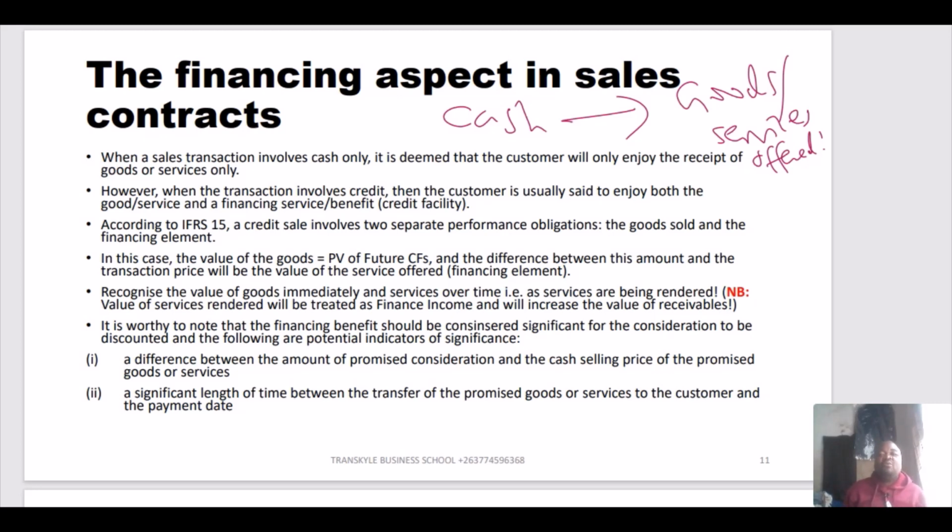However, when the transaction involves credit, if you sell goods on credit, then the customer is usually said to enjoy both the good or service and a financing service or benefit. So in this case, if it is a credit transaction, they are enjoying the ordinary goods or services as well as the credit facility.